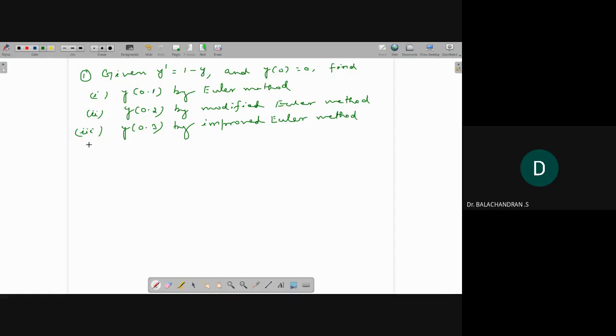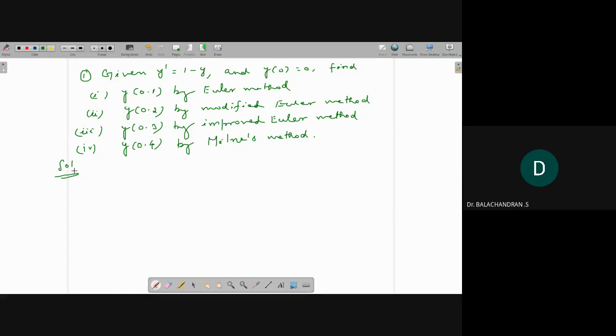And y of 0.4 by Milne's method. So I'll write the solution.